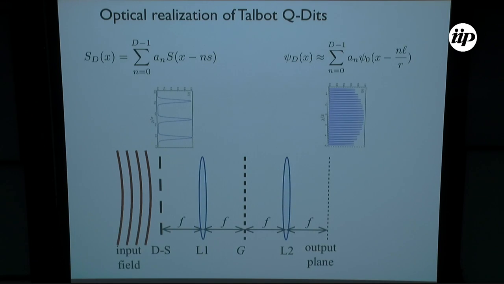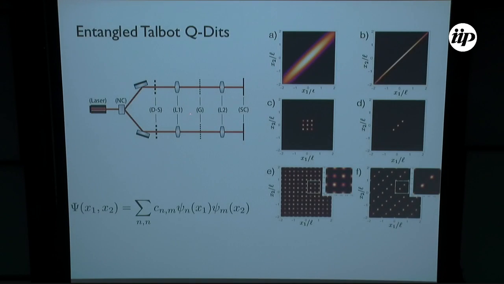Then this is the synthesizer, and then you can think about two entangled qubits. We are going to have a laser, a nonlinear crystal, and then the two synthesizers here, and with this we are going to create the entanglement between these two Talbot carpets.